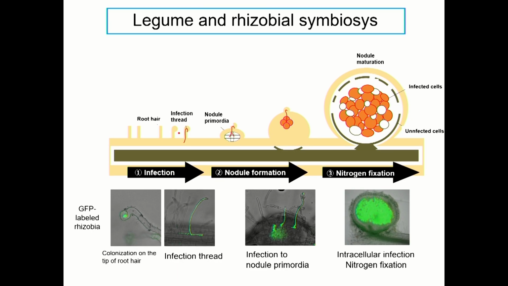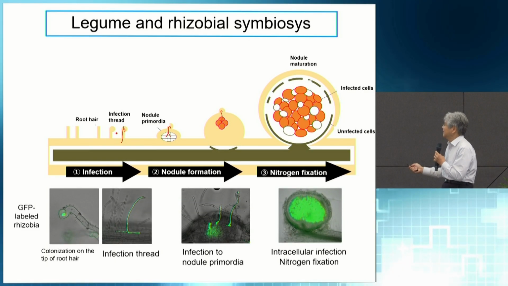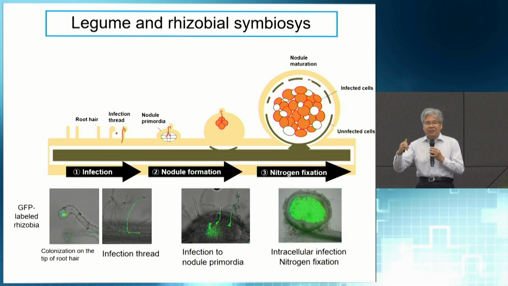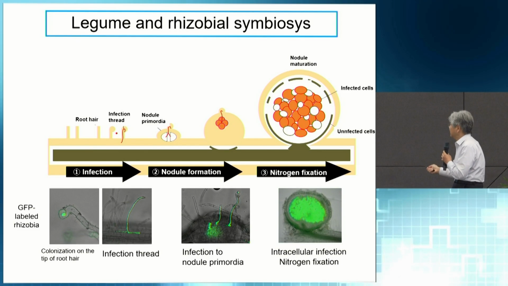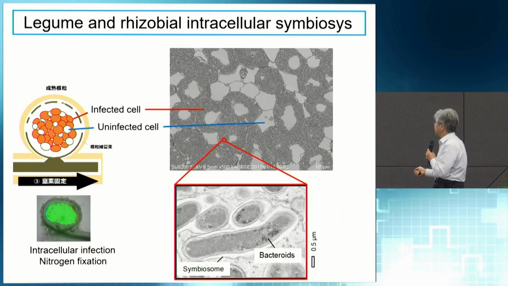The partner selection or partner confirmation is ongoing in this infection thread. Then the final test finishes. The infection thread leads to the nodule cell, and then bacteria are released into the nodule cell. So in this stage, the intracellular infection of rhizobia has completed. Then rhizobia start to fix nitrogen.